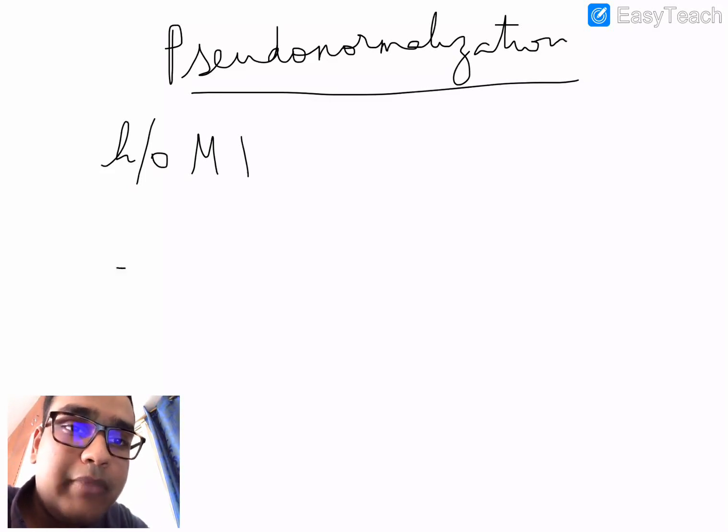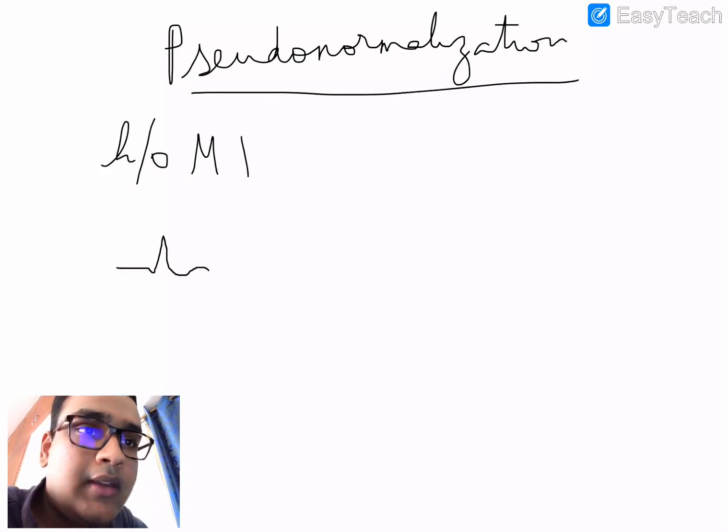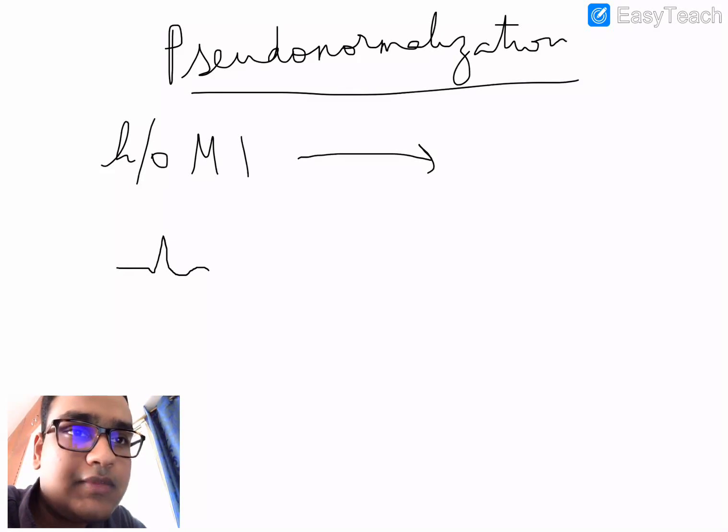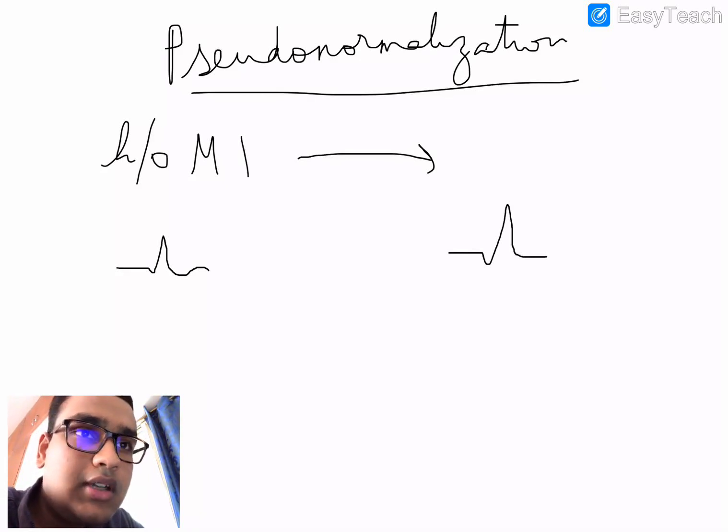Now he gets another attack of MI. ST elevation occurs, but his baseline ST segment itself is depressed. So he could have a normal, isoelectric ST segment. This is called pseudo normalization. You have to remember this, because if there's any history of MI, it is important to see the previous ECG and then comment on the current ECG.